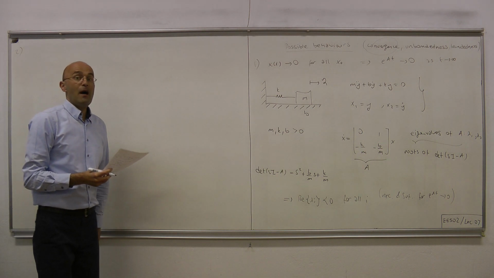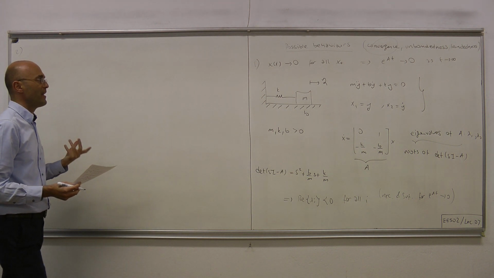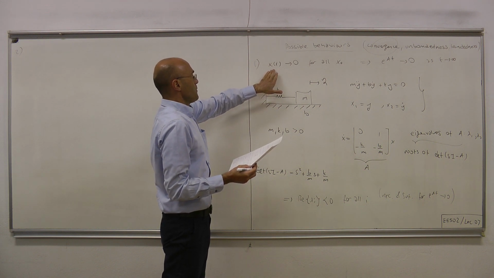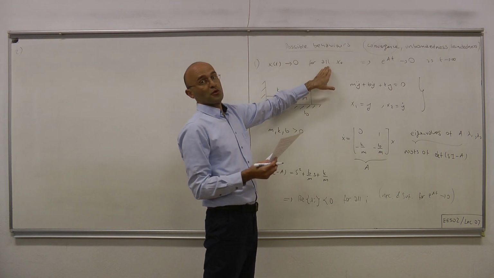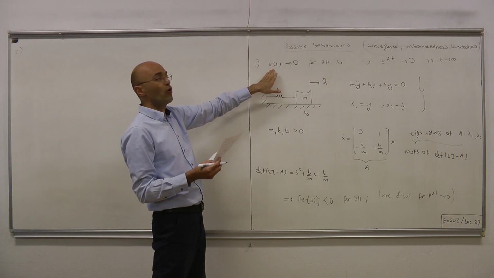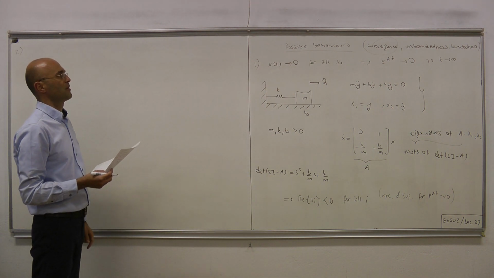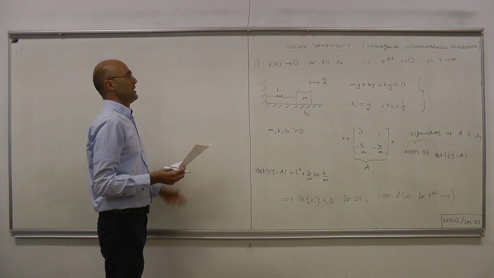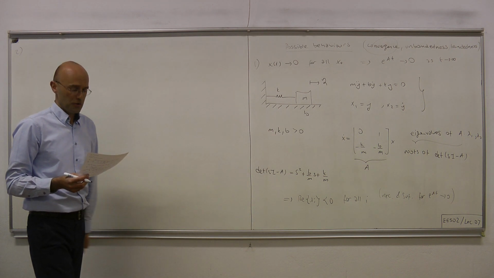We mean by an unbounded behavior for a homogeneous system that, now we're not talking about all solutions, but if there exists a single solution such that its norm is diverging, its norm is going to infinity, then we call such behavior an unbounded behavior for a system.